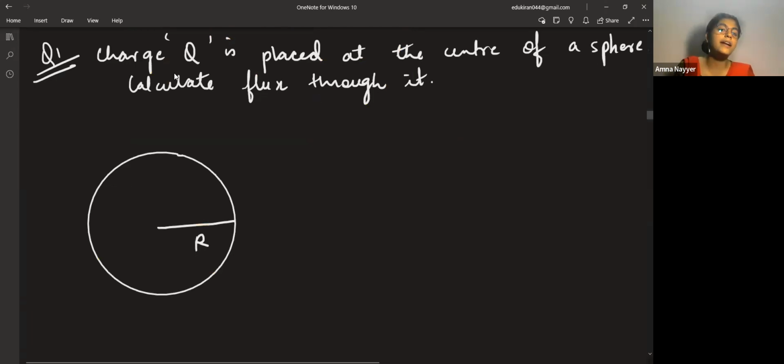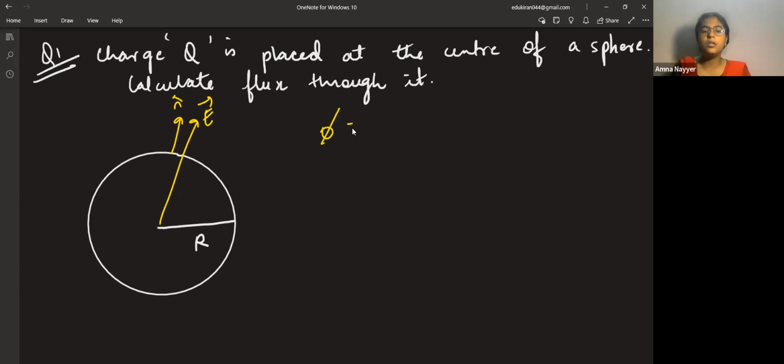Now this question says that charge Q is placed at the center of a sphere. Calculate the flux through it. See, again, we require the electric field that is being produced. We'll take n cap also. Now coming to our flux, we know flux is the closed integral of E dot ds.